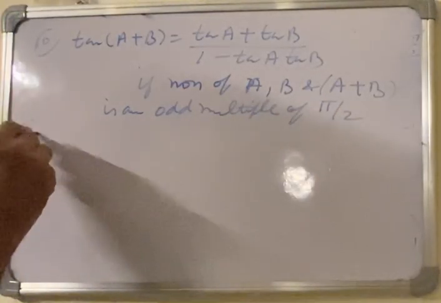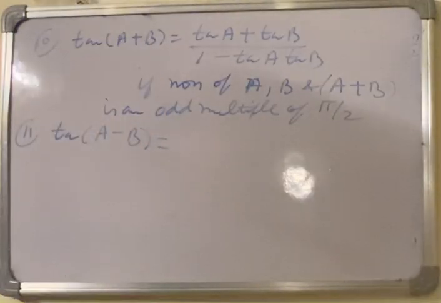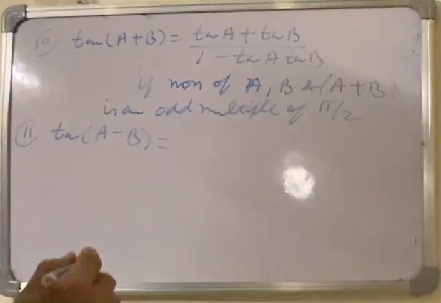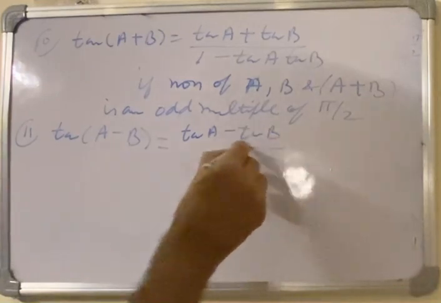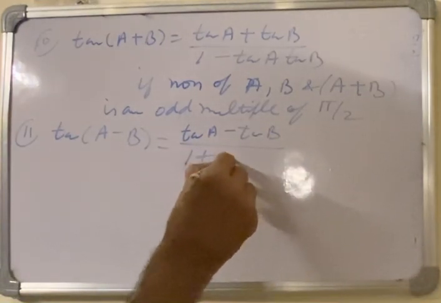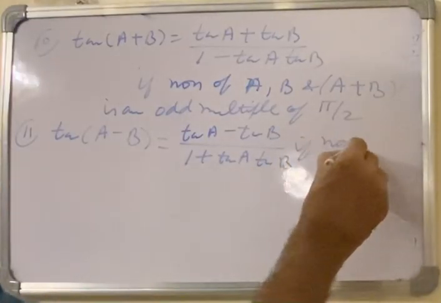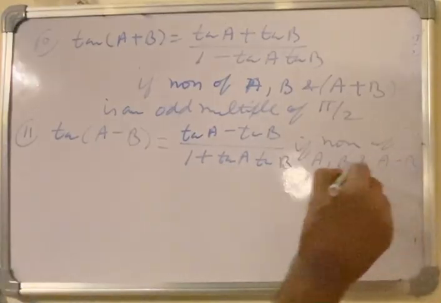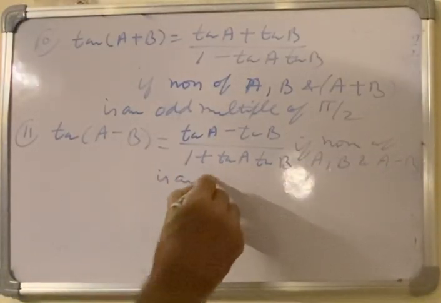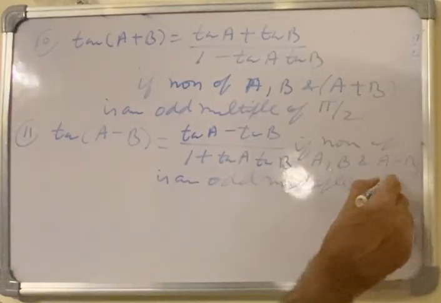Similarly, next we write tan A minus B. We have already proved this, but this is the condition that we will have to mention here. Tan A minus B is tan A minus tan B over 1 plus tan A tan B, if none of A, B and A minus B is an odd multiple of pi by 2.